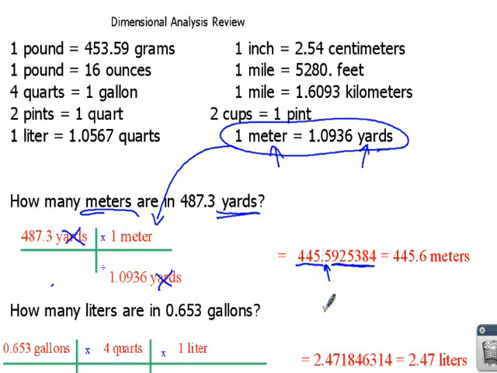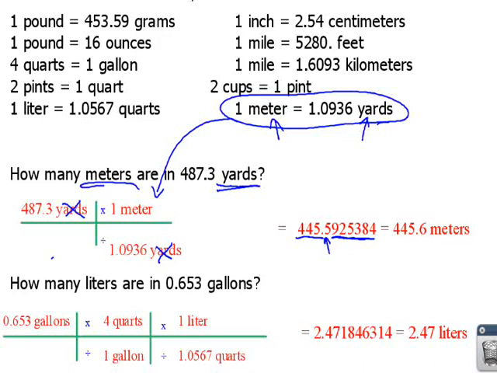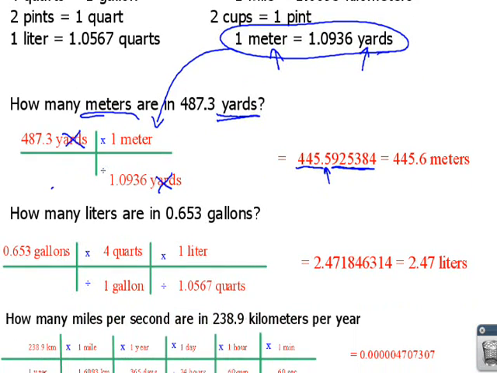So the first 3 are good, the 445. The 5 is where our estimation begins, so everything after the 5 has to be rounded away. So what we have here is 445.6 meters. Everything else has been rounded off to reflect the proper number of significant figures.